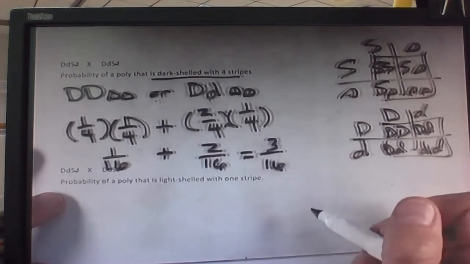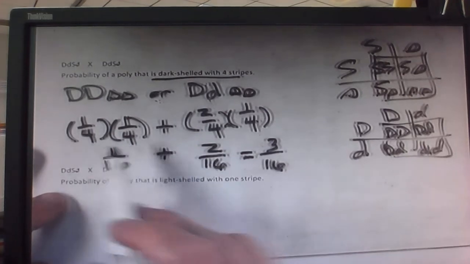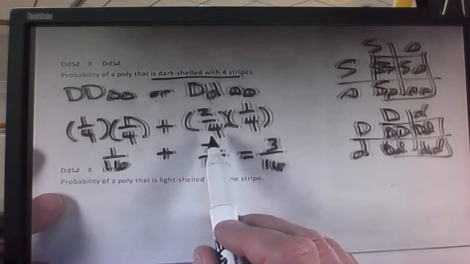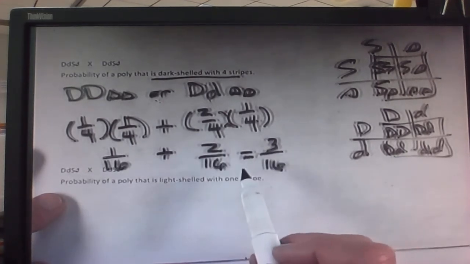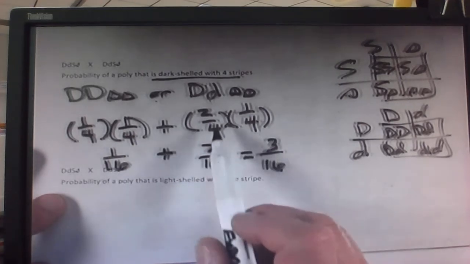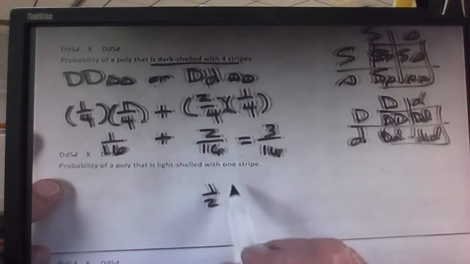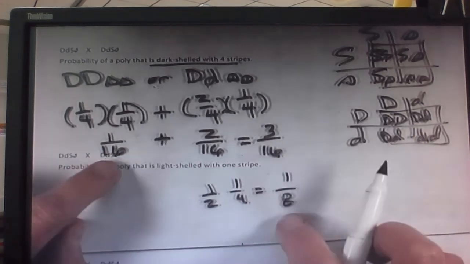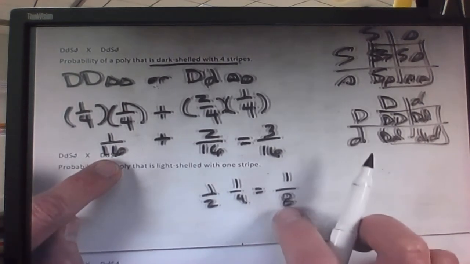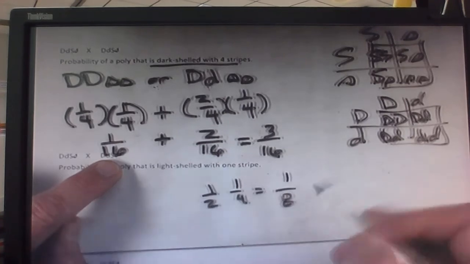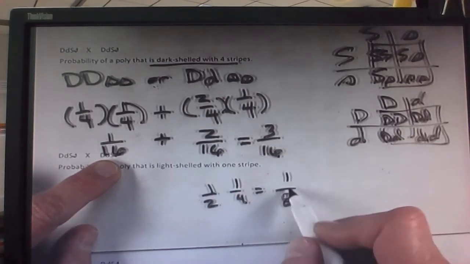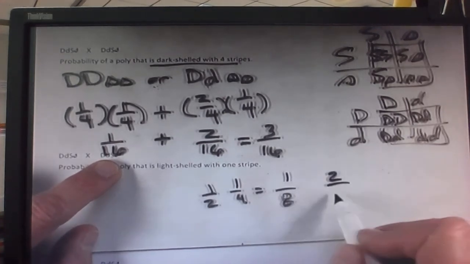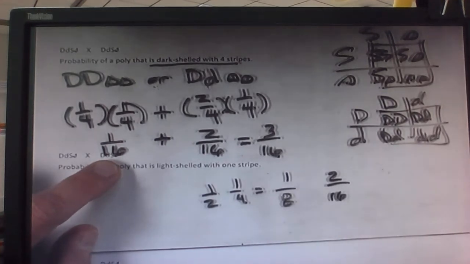So that's the reason why I actually leave it instead of putting this as 1/2. I mean, technically you can, but think about what that would have been. I would have 1/2 times 1/4, which would have given me 1/8, and I need to add 1/8 and 1/16, so I would have had to convert that so I can add it. 1 times 2 gives me 2, 2 times 8 gives me 16, I would have had to do an extra step.